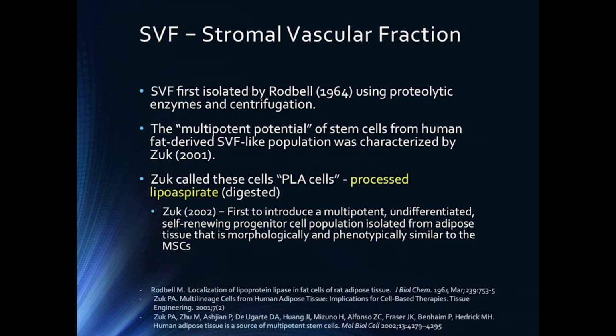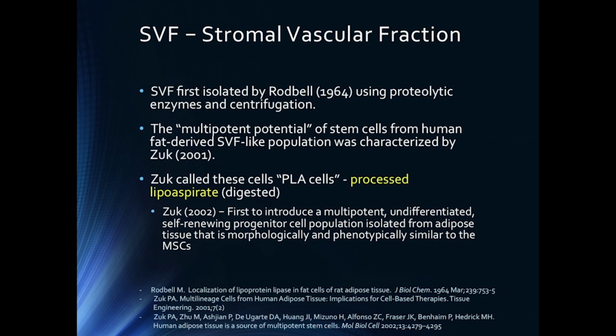The concept of SVF was actually discovered back in 1964 through some enzymatic digestion. And then it was Patricia Zuk back in 2001 who actually identified the multipotent potential of the cells contained within the SVF. Zuk referred to these multipotent cells as being processed lipoaspirate.